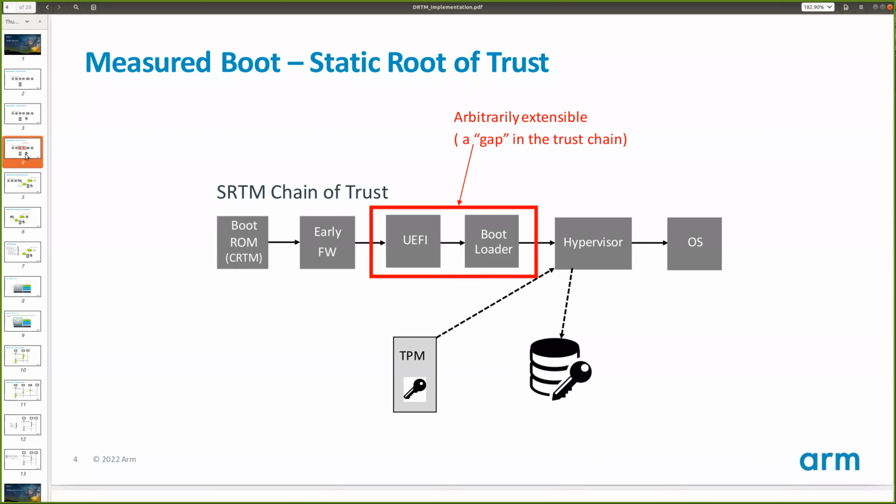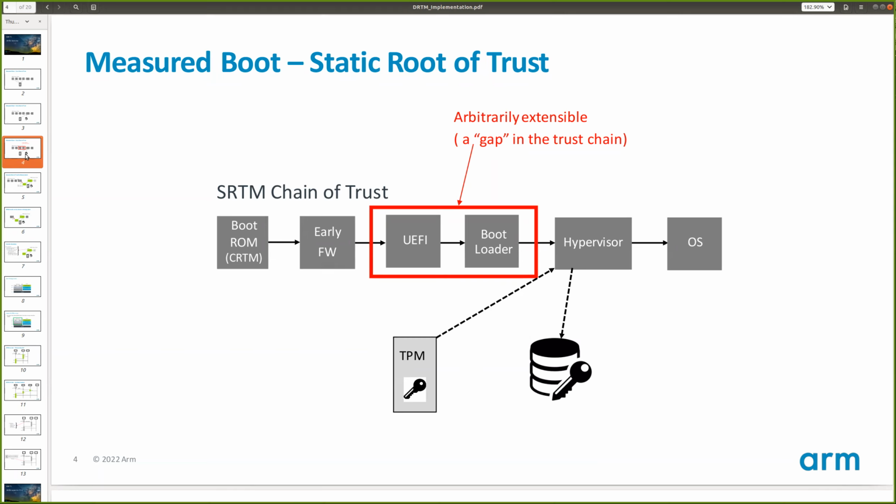Next slide. One of the issues, and this is getting to what DRTM is trying to solve, is that the bigger your boot chain grows, the more difficult it is to manage all these measurements and rationalize that there wasn't a gap somewhere.